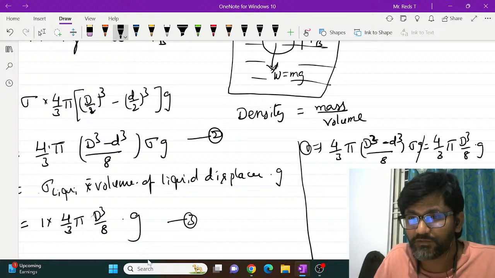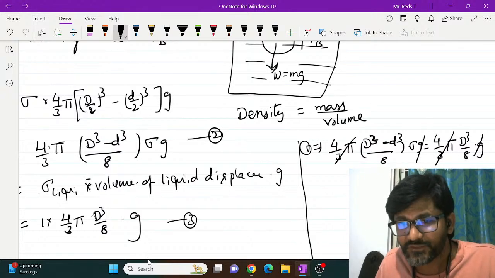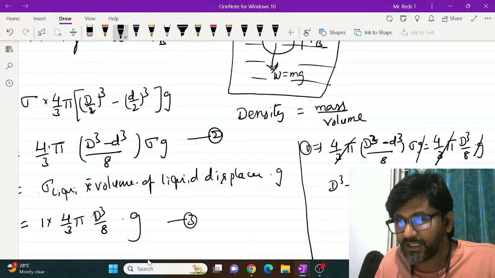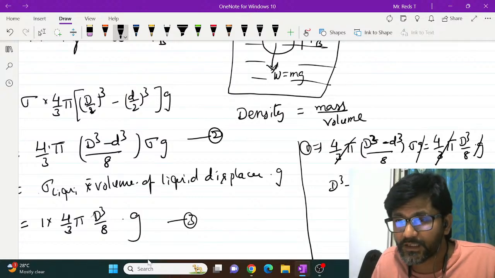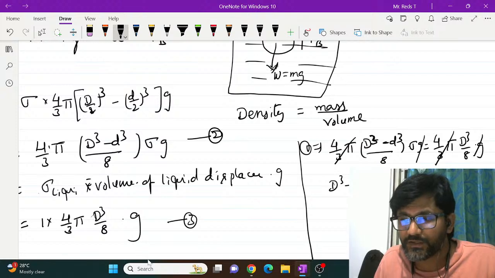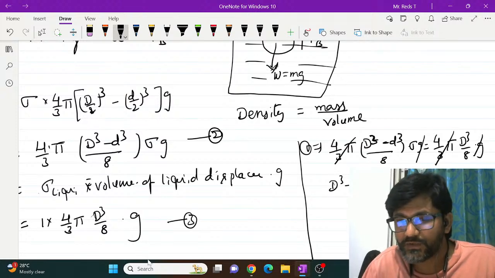So here small g cancels, 4 by 3 pi gets cancelled, then we will get capital D cube minus small d cube by 8 equals d cube by 8, which also gets cancelled, then we will get capital D cube. Did I miss anything else? You can cross check this once.